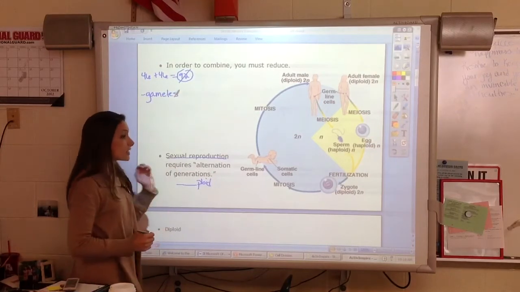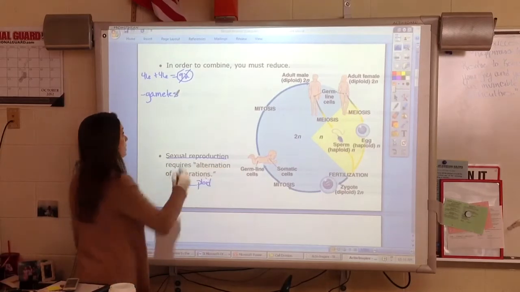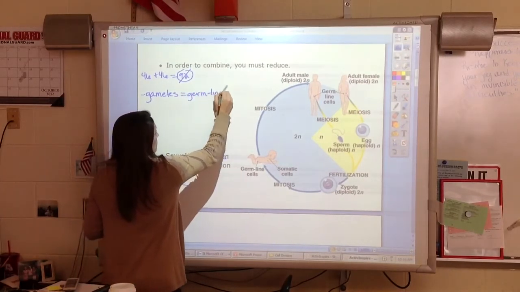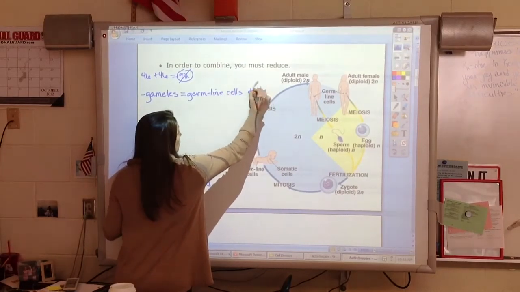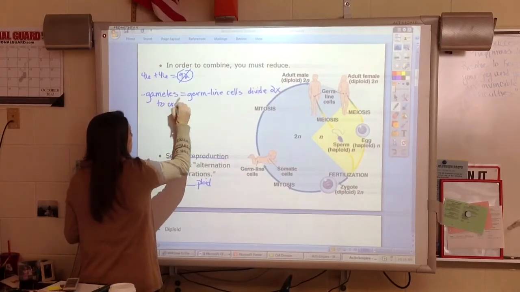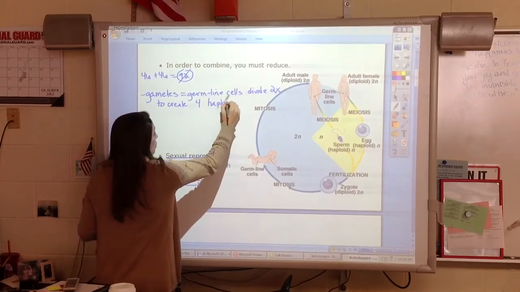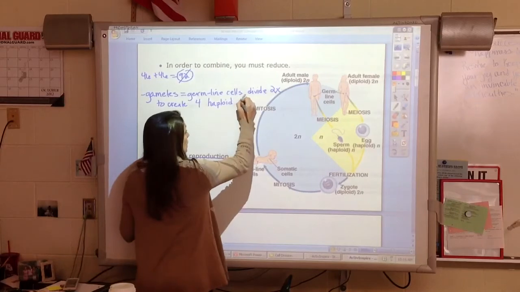And gametes are sex cells, and they come from what are called germline cells. Germline cells will divide twice to create 4 haploid cells, we'll talk about this in a second, that are genetically different.